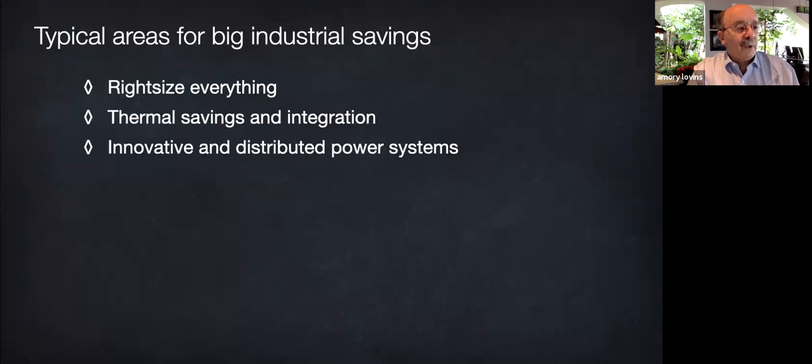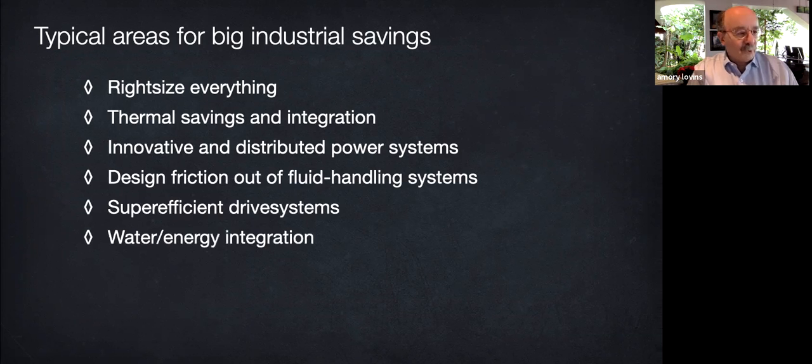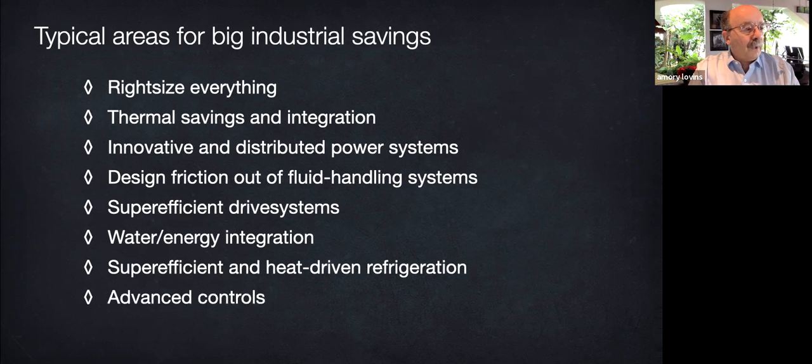Right sizing everything, thermal savings and integration, innovative and distributed power systems, designing friction out of fluid handling systems, super efficient drive systems, water and energy integration, super efficient and heat-driven refrigeration, and advanced controls.